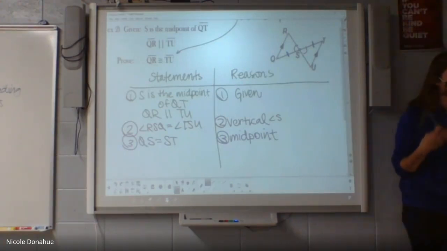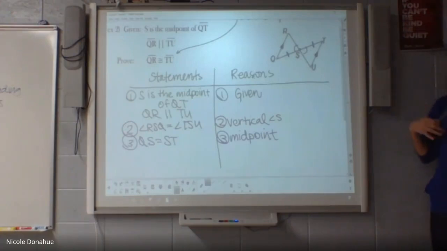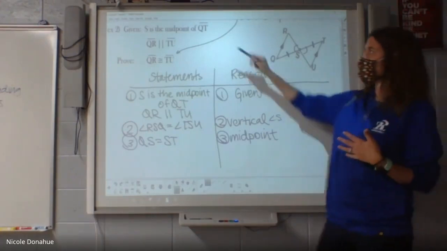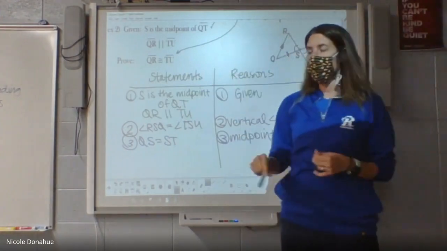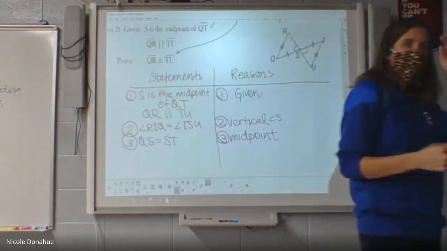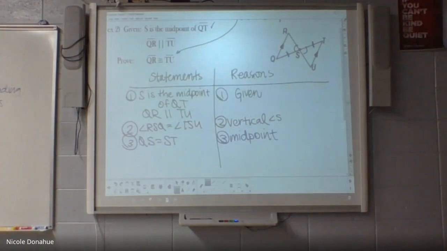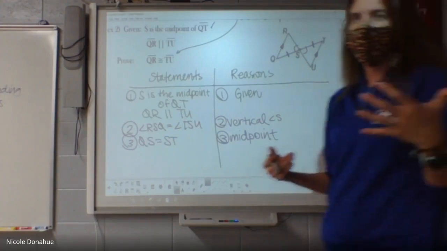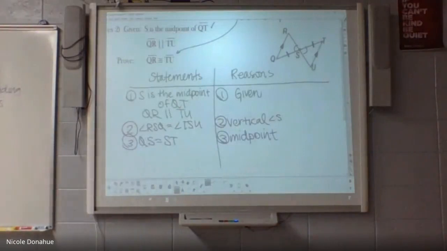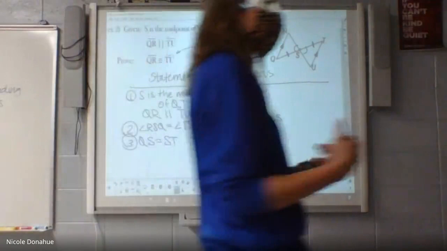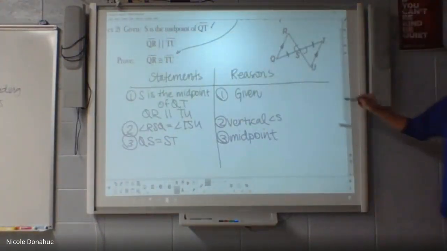Anytime you guys are stuck and you don't know where to go with your proof, go back and look at what they gave us. So no one has used the parallel lines yet. Parallel lines give us some information. If you look at our warm up today, parallel lines tell us stuff about angles. What do we have in this case if we have parallel lines? We have alternate interior angles. There's actually two sets of them.